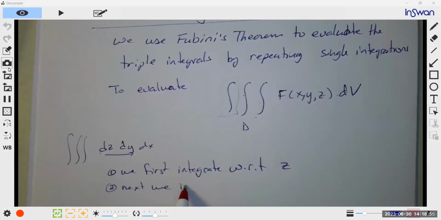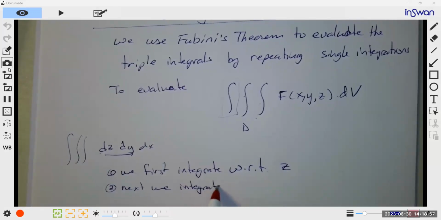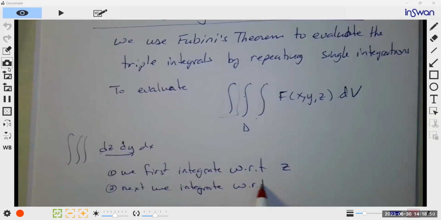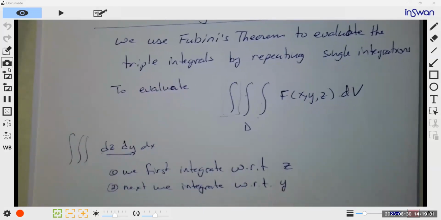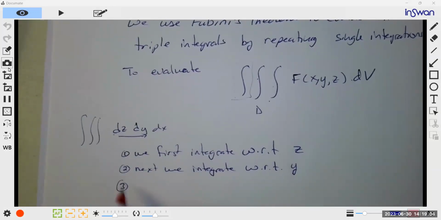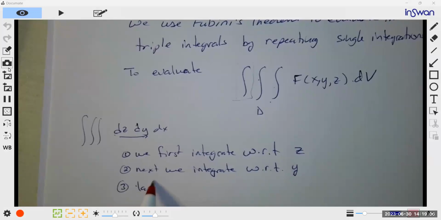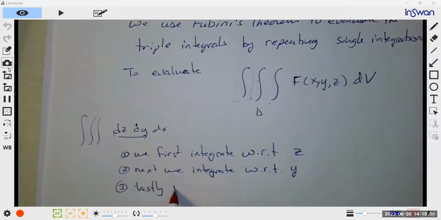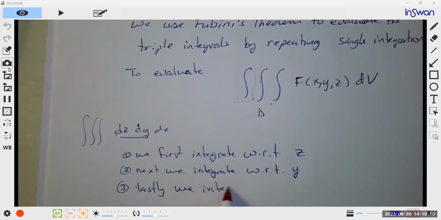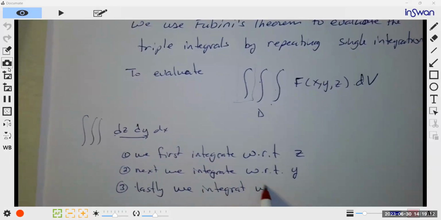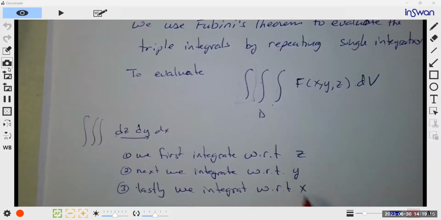Next, we integrate with respect to the next one, y. And lastly, we integrate with respect to x.